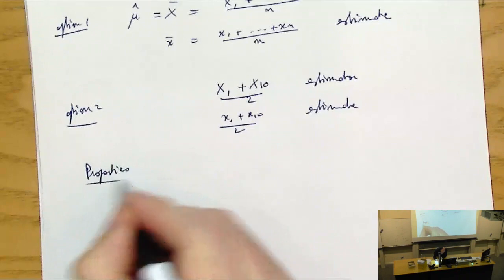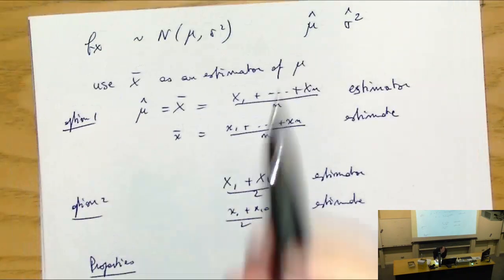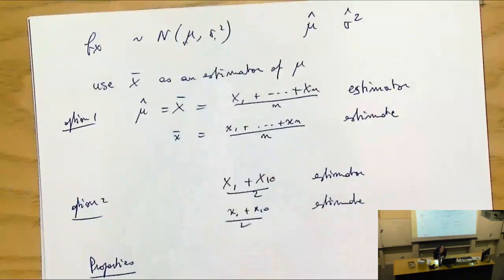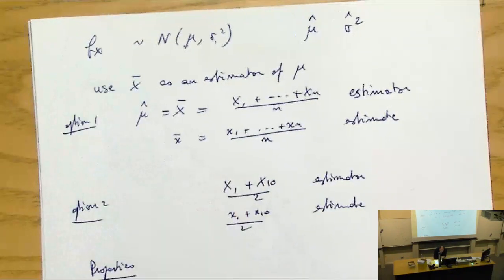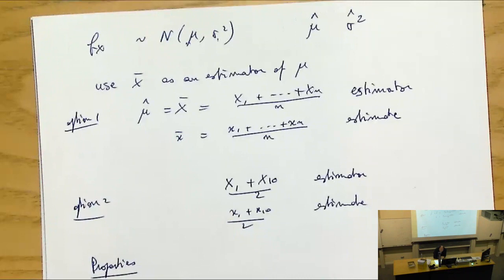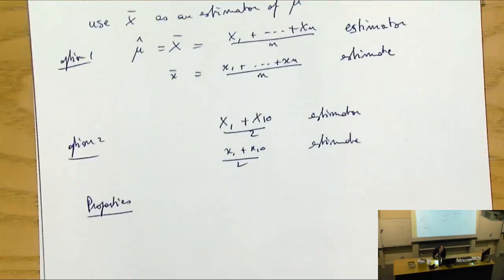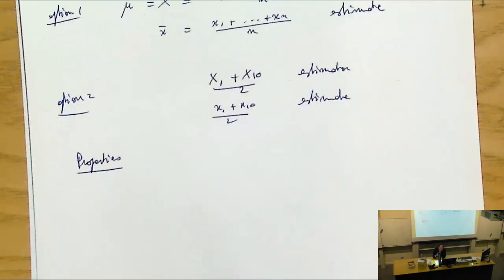If I want to identify the mean or the variance of the distribution of my random sample, I want to define properties that I can quantify to assess whether this is a good estimator or a bad estimator.